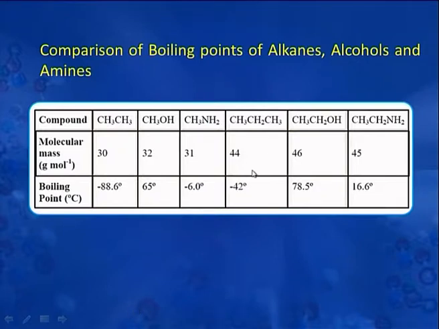Similar is the case of normal propane, ethanol and ethanamine. All three have almost similar molecular masses, but they have a wide difference in their boiling points. Amines have lower boiling points than alcohols or carboxylic acids of comparable molecular masses.